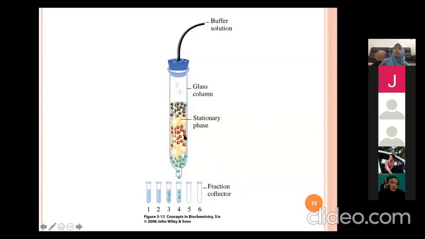So you need to wait from which fraction you can get the red color. Okay, and then buffer, of course, will be used to just make sure your protein moves. Like the buffer here represents the mobile phase, because the bead here will be the stationary phase, where the bead will capture your protein of interest.